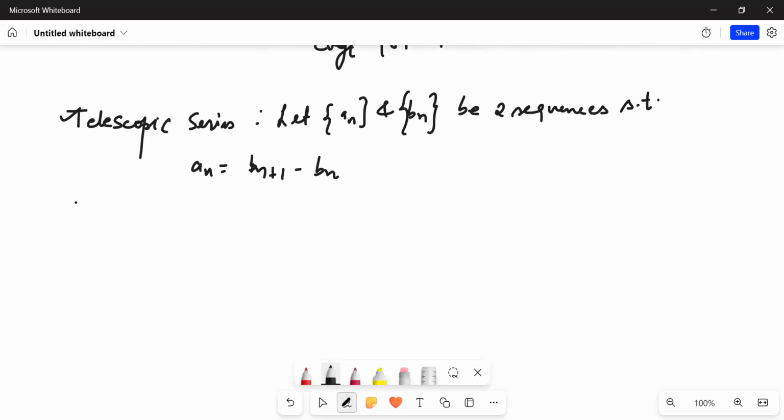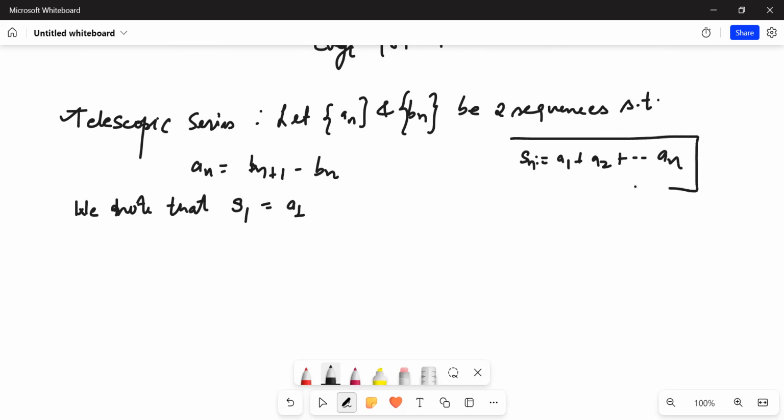And we note that, let Sn be equal to the partial sum of an.